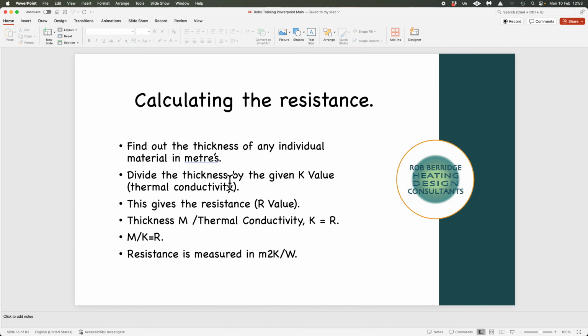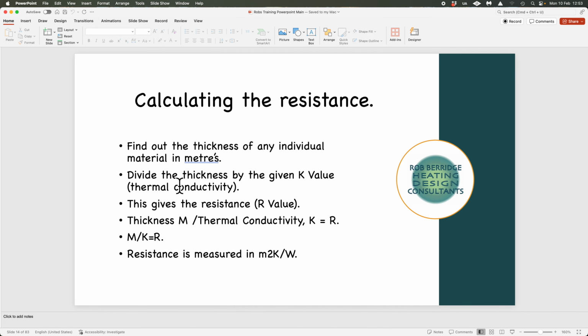If it was 30 millimeters thick, then we would be looking at 0.03. So it's all about getting your decimal points in exactly the right place. If you had 3 millimeters of skim plaster, for argument's sake, that would be 0.003. That's very important to understand, the decimal points within a 100 or 1,000 value.